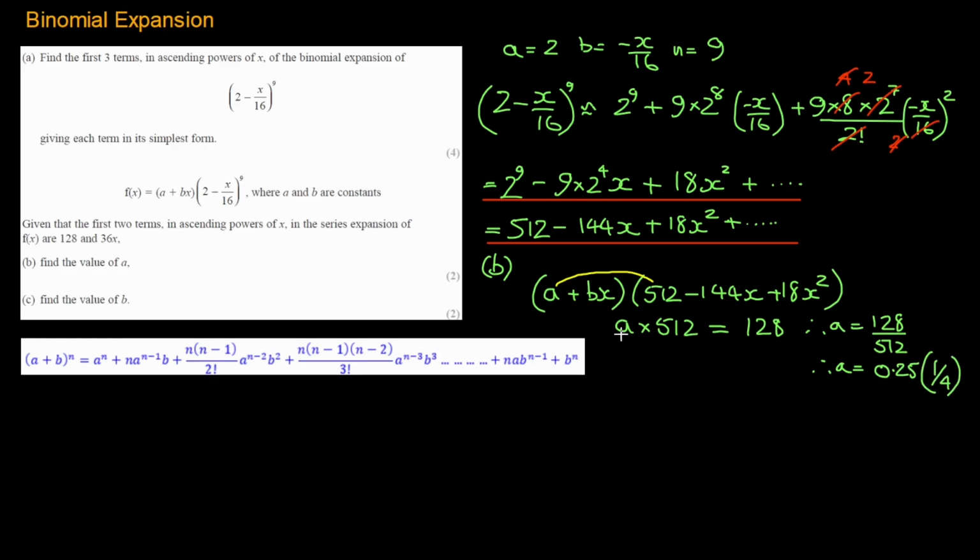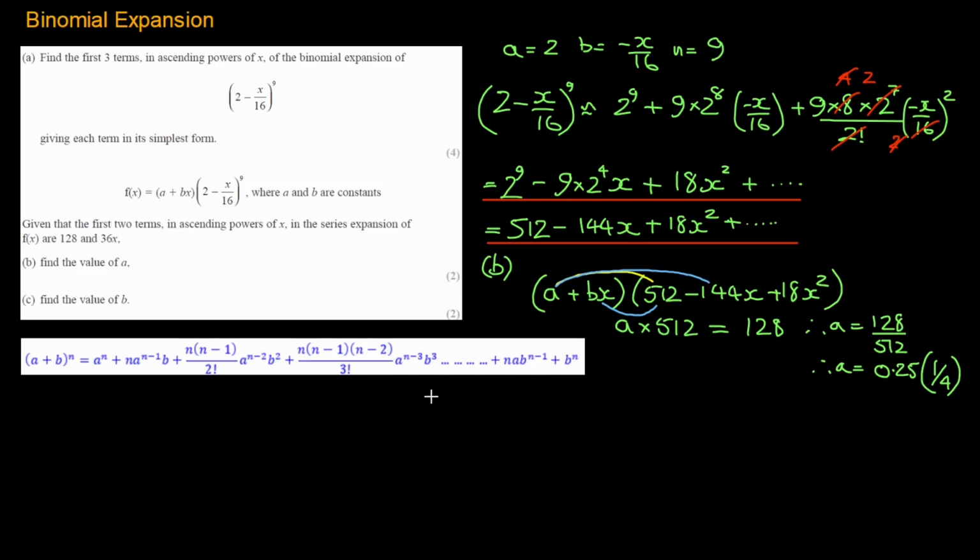Now we've got to work out what of our multiplications ends up in an x term. Going on with the a, yes, that multiplication will end up with an x term. A times 18x squared, no, that'll generate an x squared term. Now let's look for the b's. Yes, this will generate an x term, and then the others, that's an x squared, that's an x cubed.